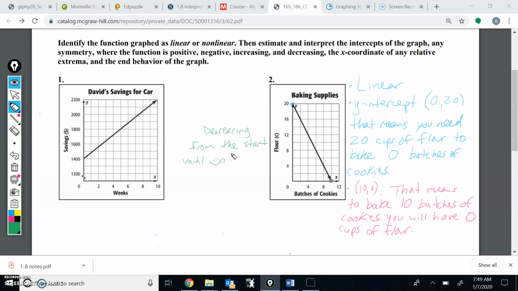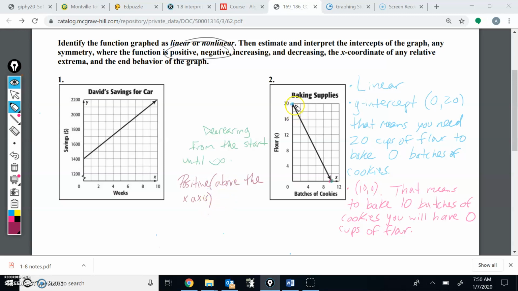Let's talk about where the graph is positive or negative. Remember, positive and negative means is it above or below the x-axis? So we can say that the graph is positive, all right, above the x-axis.